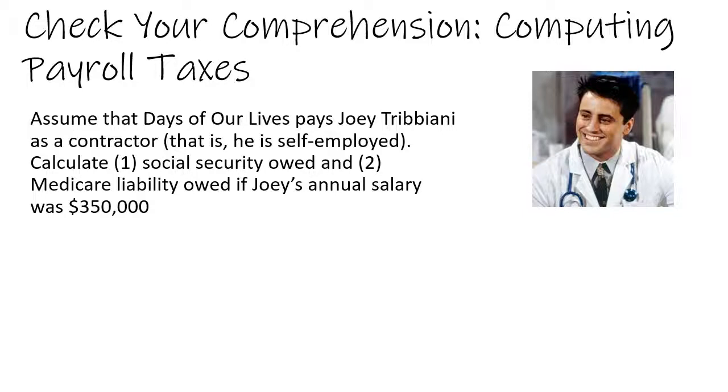So let's try this one out for size by computing the payroll taxes for Joey Tribbiani, assuming he is self-employed. That is, that Days of Our Lives pays him as a contractor. Let's figure out the Social Security owed, as well as the medical care liability owed, if Joey's annual salary was $350,000.